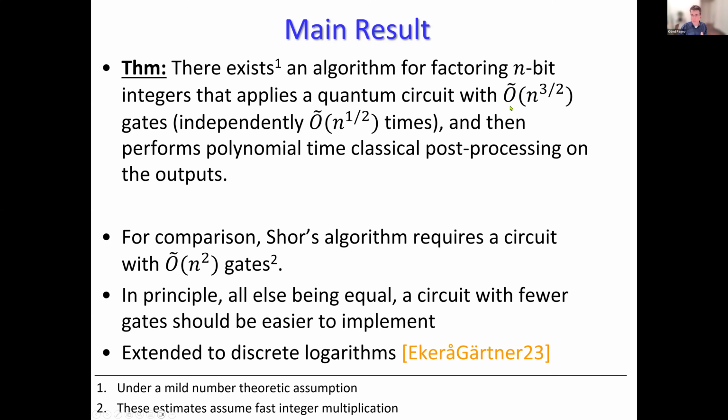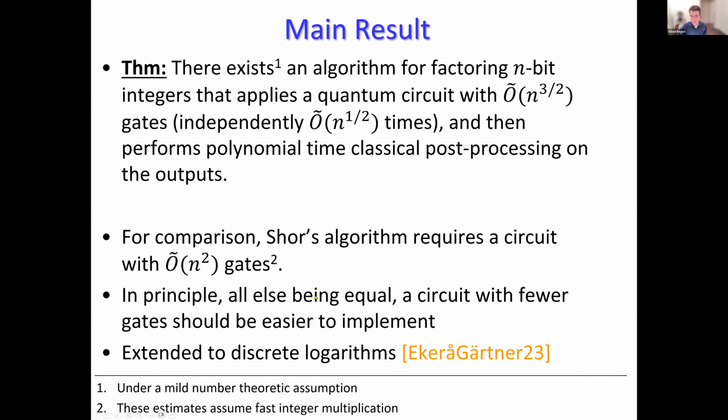If you just look at this, you think, okay, this is ridiculous, because n to the 3/2 times square root of n is also n squared. So what did I gain? What I gain is that the quantum circuit itself doesn't need to be so big. So in principle, you don't need to keep it coherent for so long, or it might be easier, all else being equal.